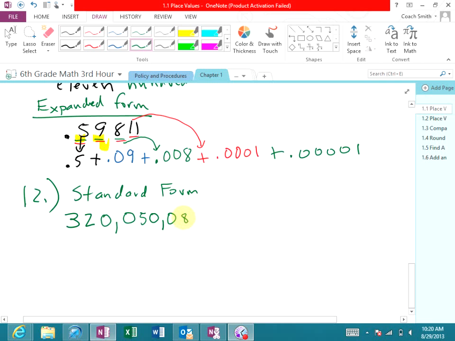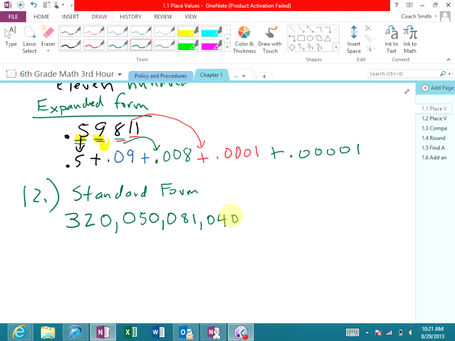There's 80,000. Okay, what's next number? 1,000. So I can put a 1 right there. Okay, what's next? 40. So that'd be 0, 4, 0. So that's how you would write that number in standard form.